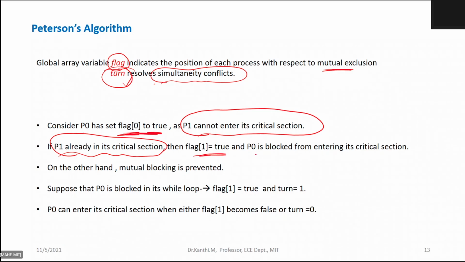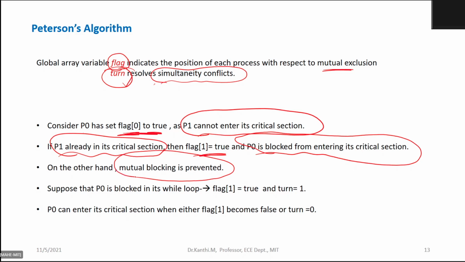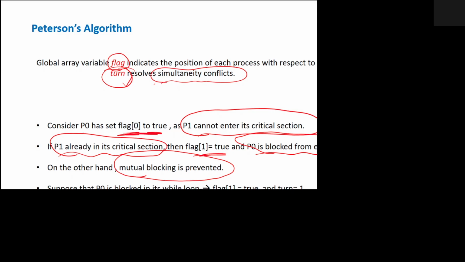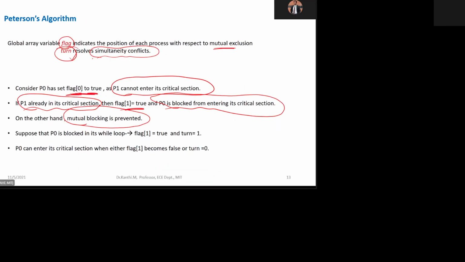In such a case, P0 is blocked from entering the critical section. In that way, mutual blocking is prevented. You can have it vice versa: suppose P1 has set flag 1 to true, the same way you can give the explanation.